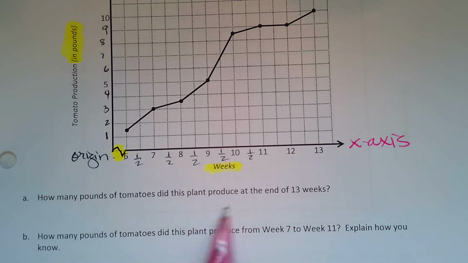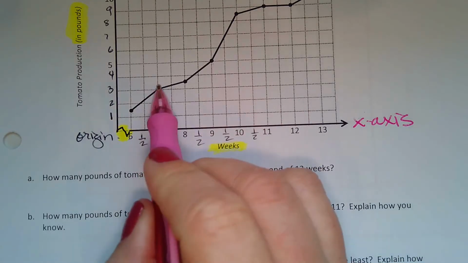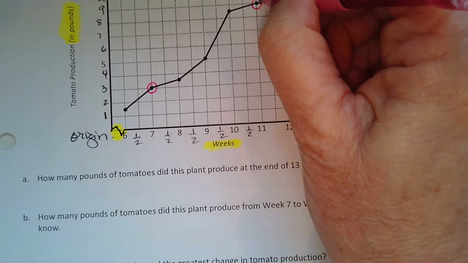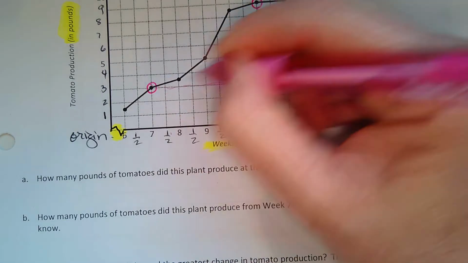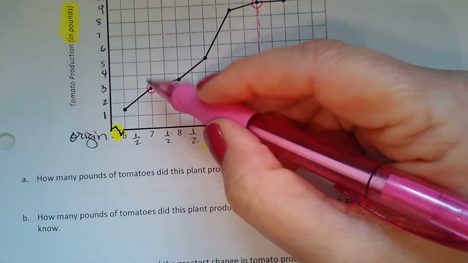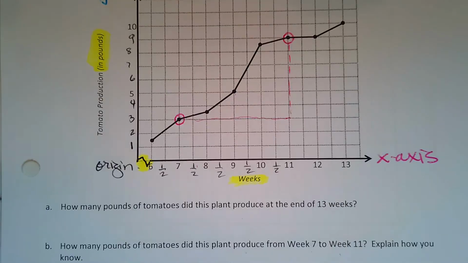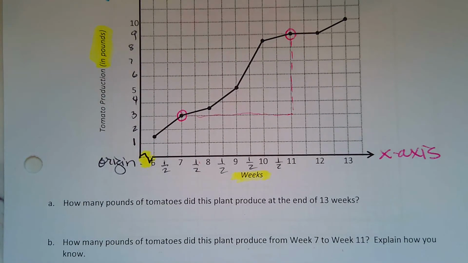Now, part B, how many pounds of tomatoes did this plant produce from week 7 to week 11? So remember, how many from here to here? Explain how you know. Explain what you did to solve that. How many pounds were produced?